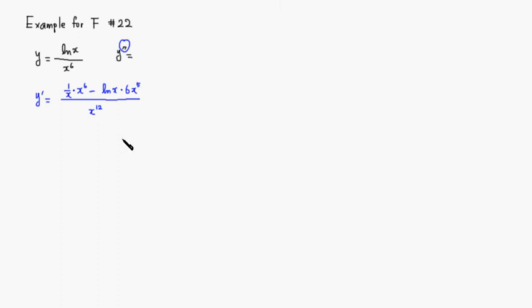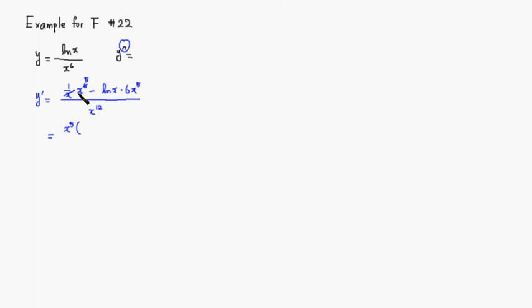Let's simplify. You can see that the x cancels out with the x here, so it's going to be x to the 5th power. Both of these terms have x to the 5th, so I'm going to pull that out. x to the 5th is in common.